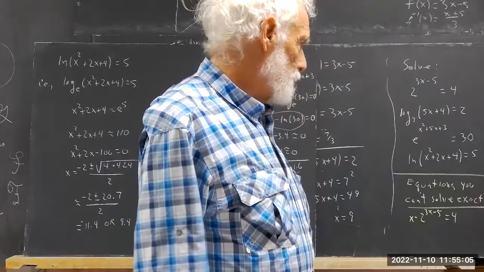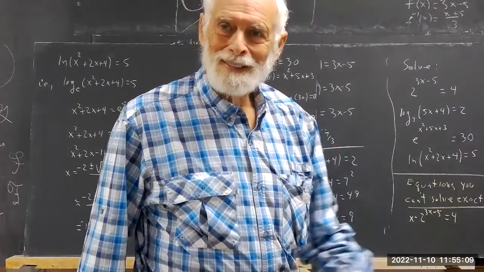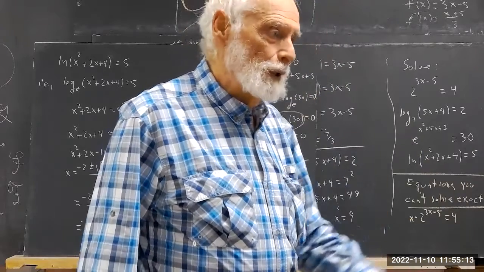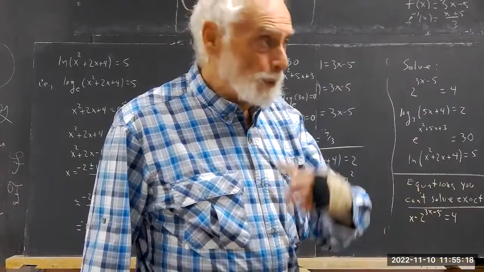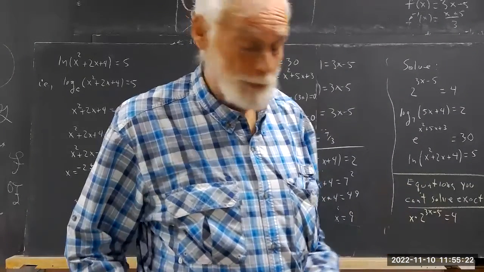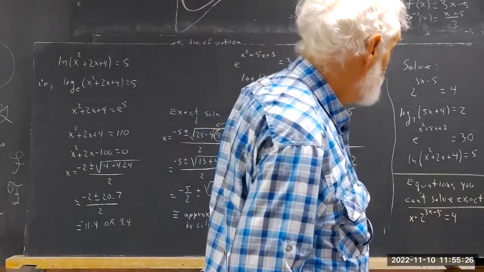And when you convert to natural log, you have an x inside your natural log, and you're stuck. You're in an endless loop of convert this way, convert that way. The x will always end up inside of something where you can't operate on it.